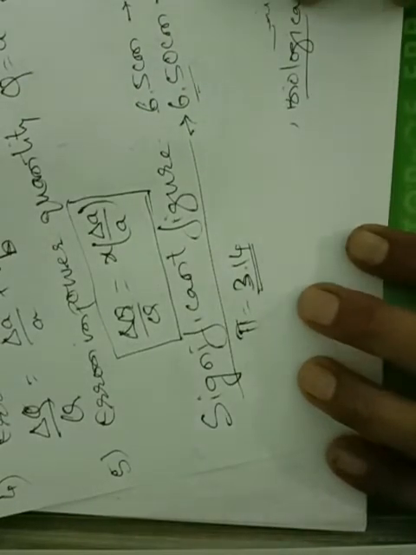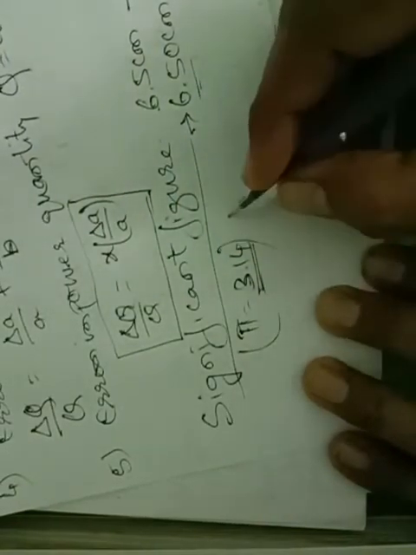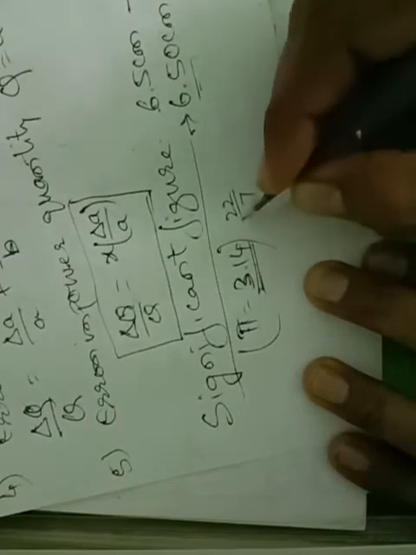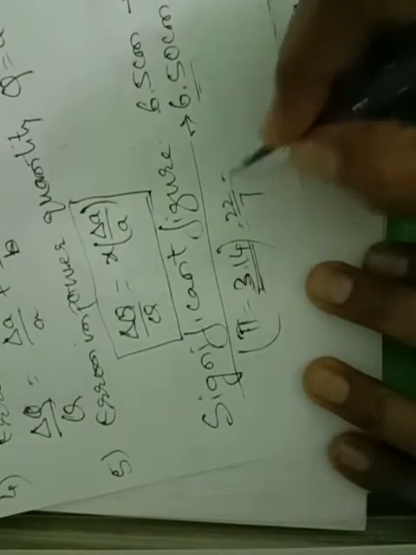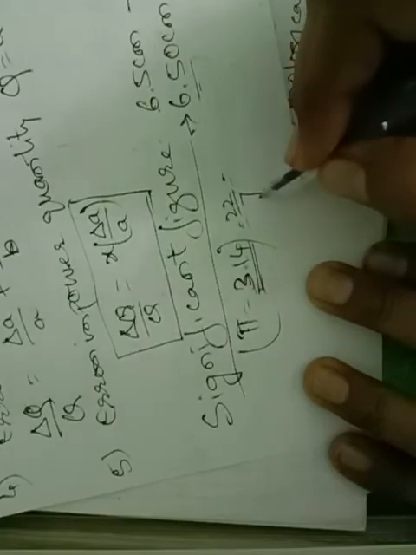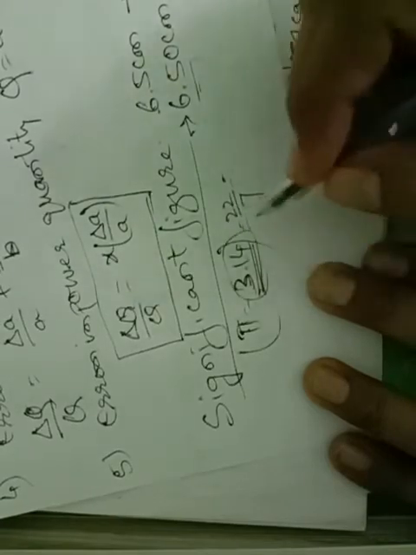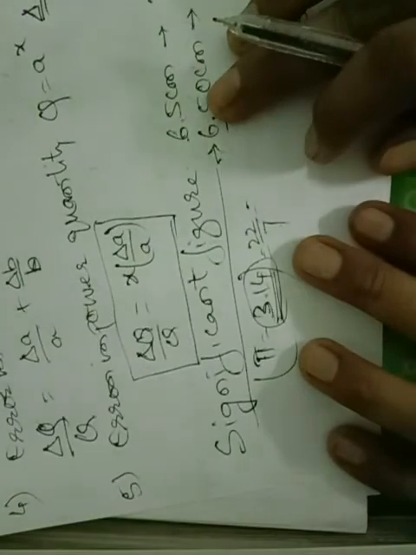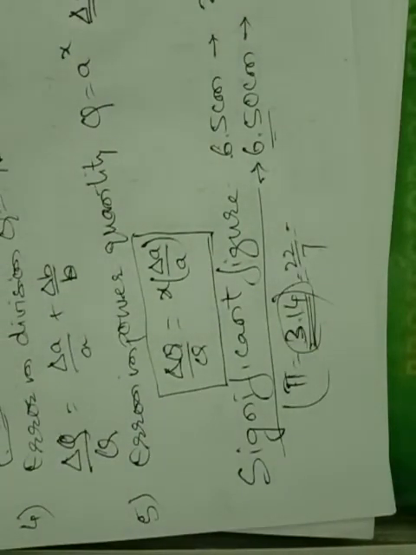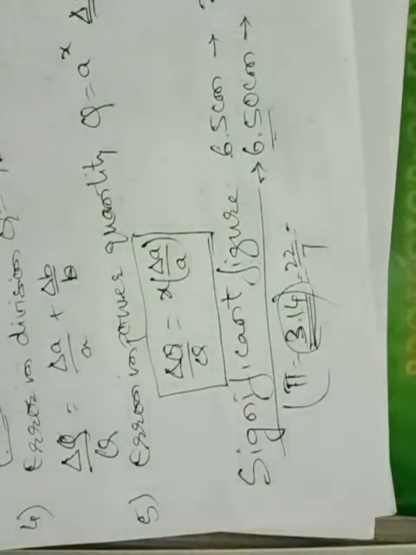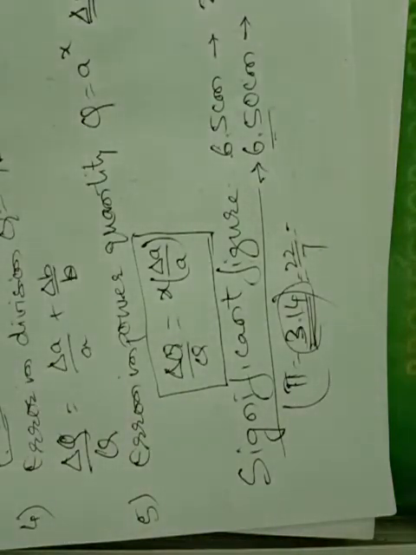So the number of significant figures is very, very large in pi. We just write 22 by 7 or 3.14. But if we go on dividing, we will have more significant figures for this pi value. Clear? So the digits required to express a physical quantity correctly are called significant figures.